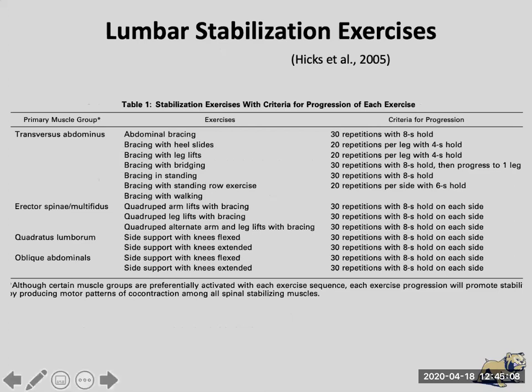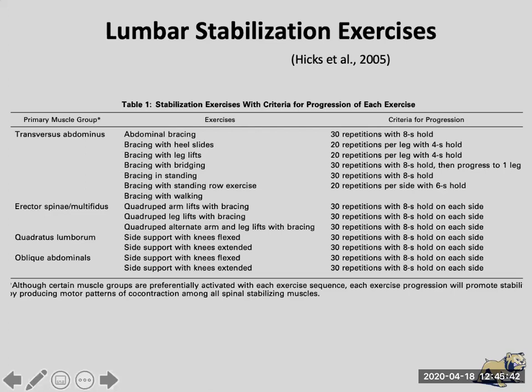So just abdominal bracing. Again, our static isometric hold there. Heel slides with bracing like we talked about. Leg lifts, so the straight leg raise, essentially with our bracing. Bridging as well with the bracing. Bridging with a lower extremity lift. You'll commonly see as a progression of that bracing, and really cues in those multifidi as well. Bracing with walking as well, so an upright walking activity.